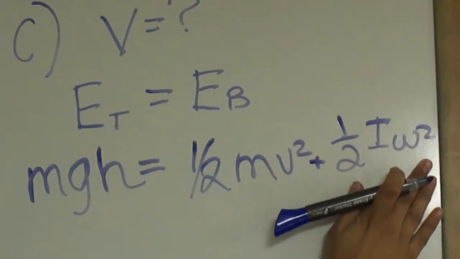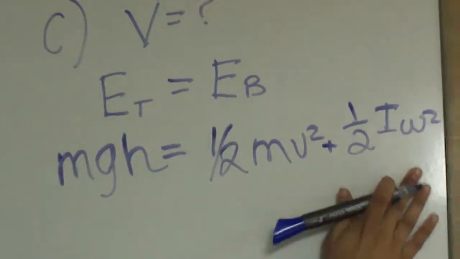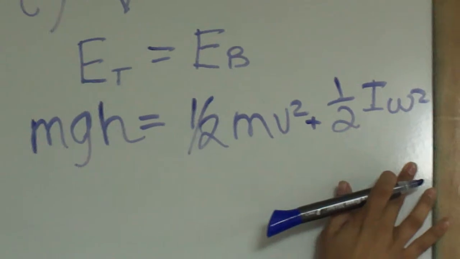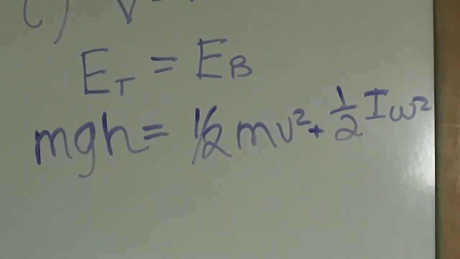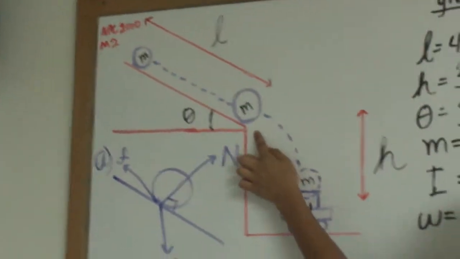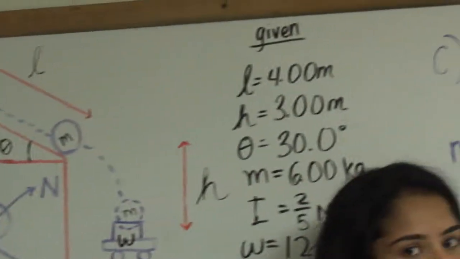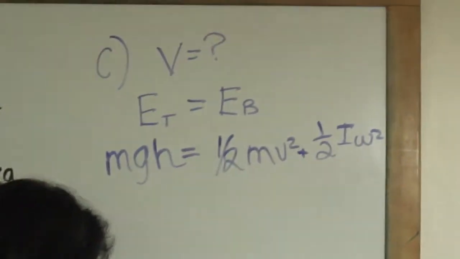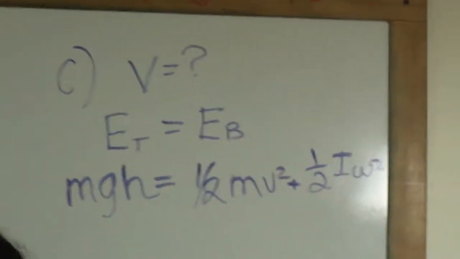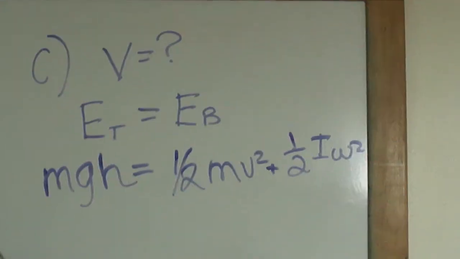We're not going to account for any potential energy at the bottom, because we're going to zero out the potential energy right at the bottom of the slanted roof.